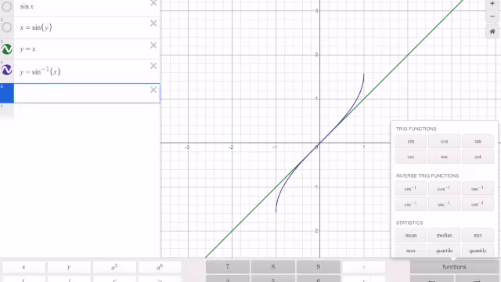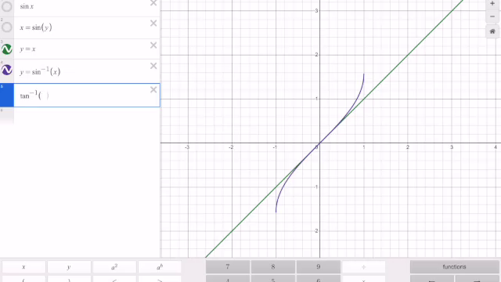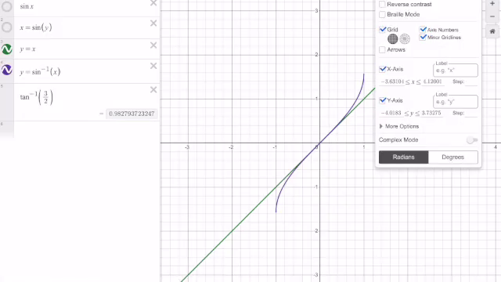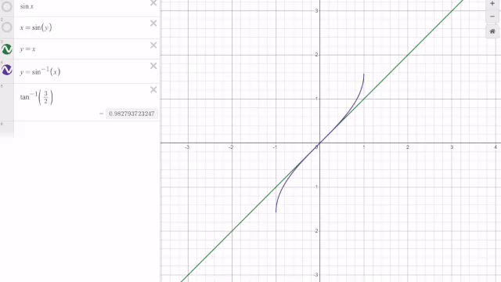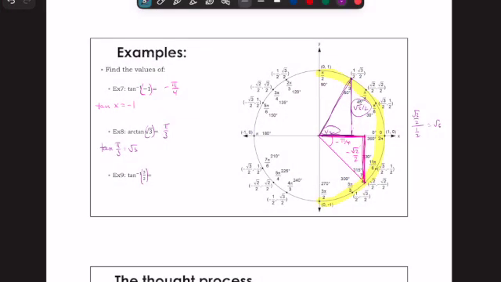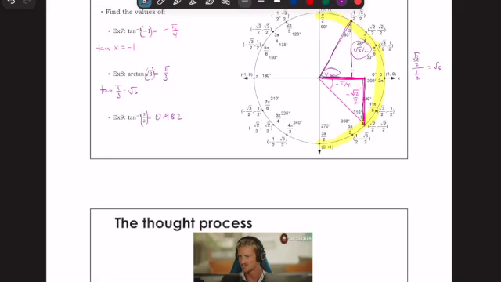I go to functions, do the tangent, and do 3 divided by 2. I get 0.98279. Let's just make sure we're in radians. If I did degrees, it would say 56, but we're in radians. I'm just going to go to 3 decimal places: 0.982. You need a calculator for that one.